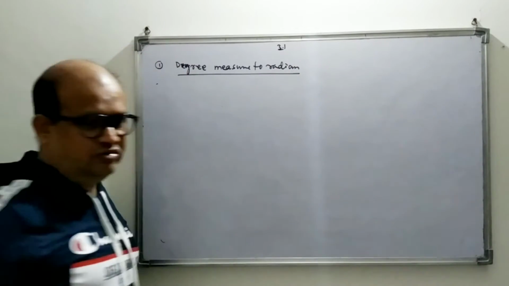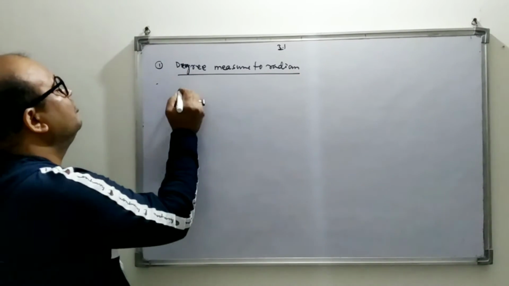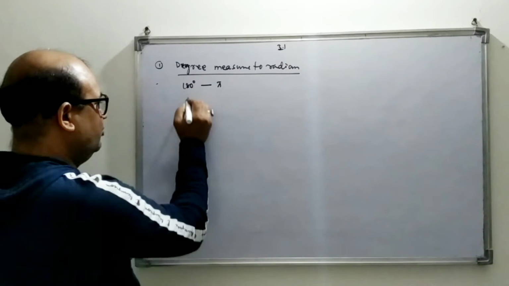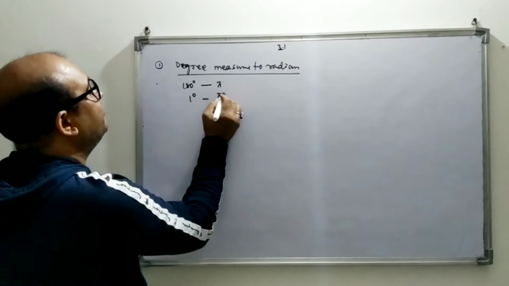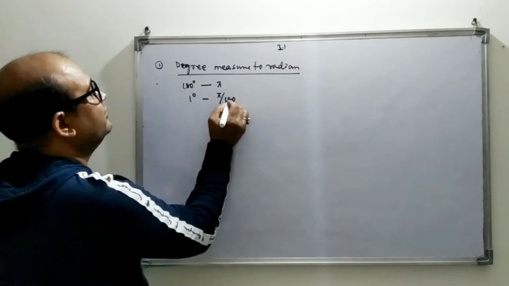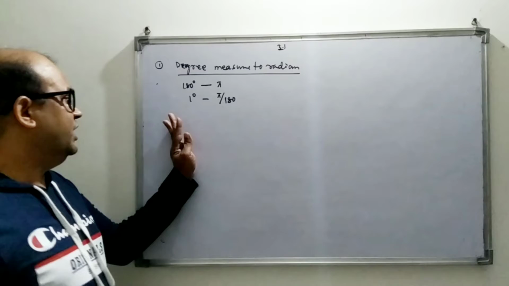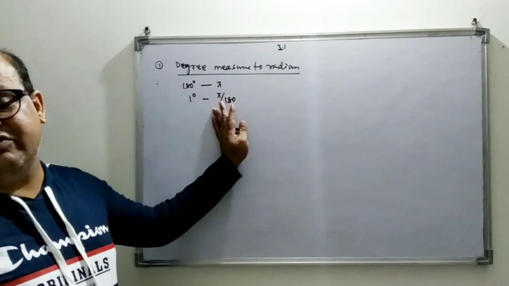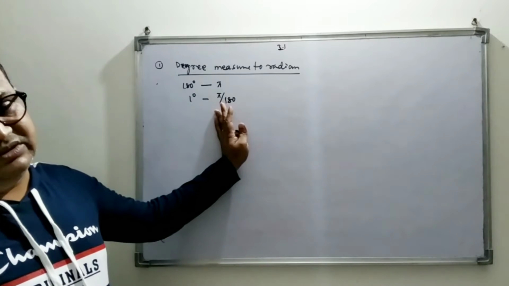Now we know 180 degree equal to pi radian and 1 degree equal to pi by 180 radian. So if you multiply any degree measure by pi by 180, it would convert into radian measure.